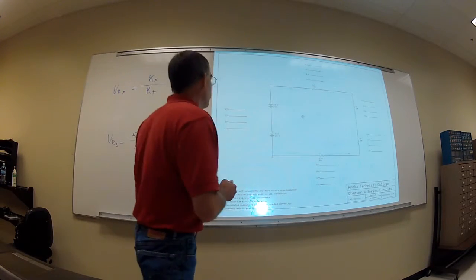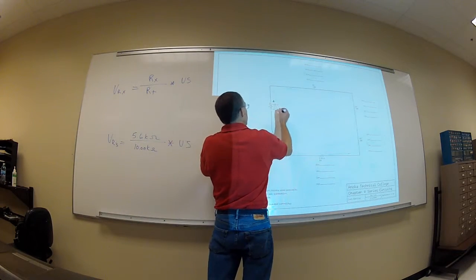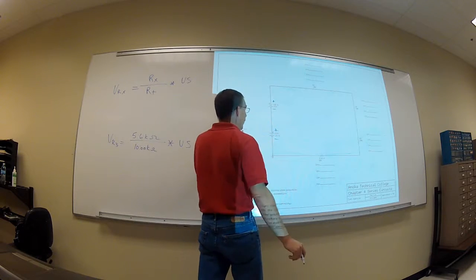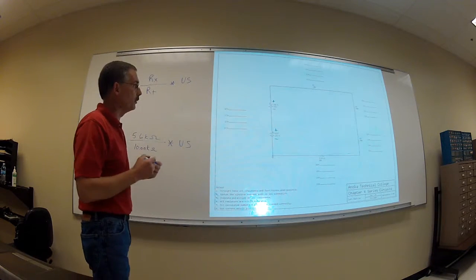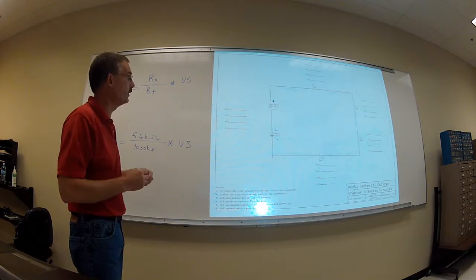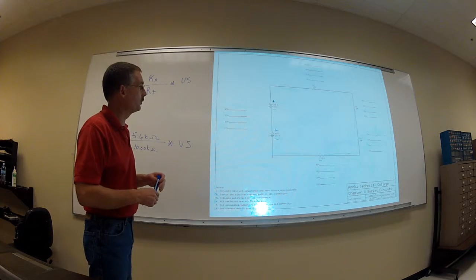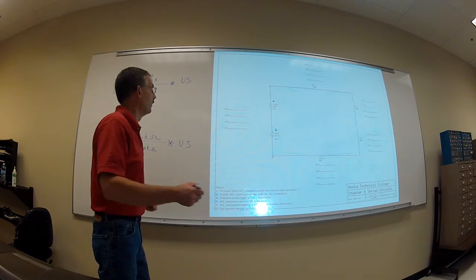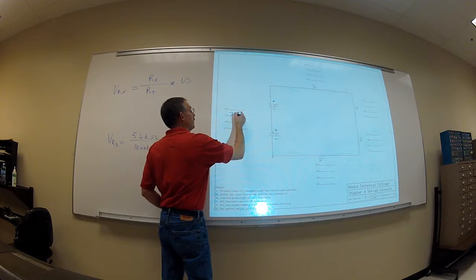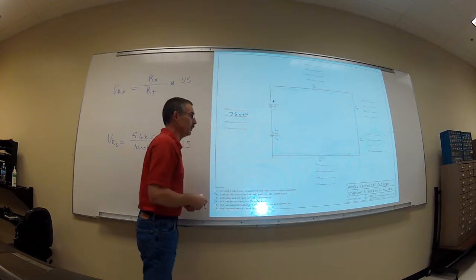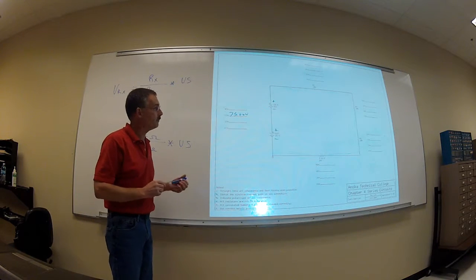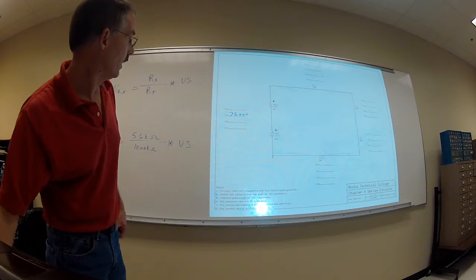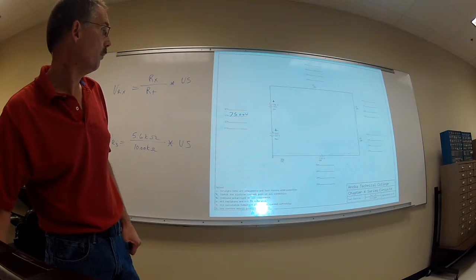Okay, so here's my polarity. Positive, negative, positive, negative. Series aiding or opposing power supplies? Series aiding. So what's going to be my total source voltage? 75 volts. And then the rest of it, we know how to do the rest of it. So that one's a series aiding power supply.